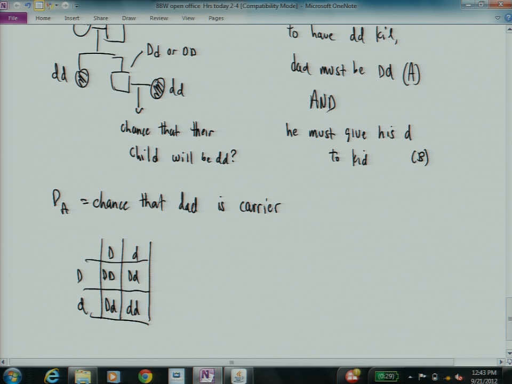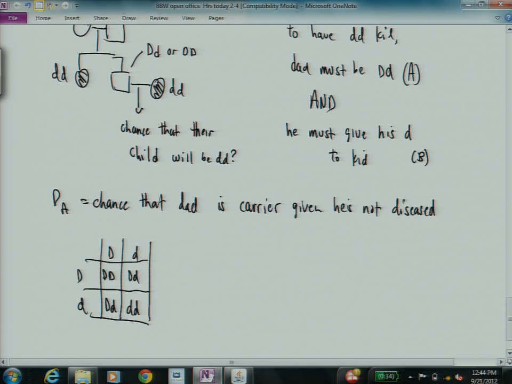Turns out it's not. Why? We know there's one of those four possibilities we can rule out. We know that dad can't be little d, little d. Why can't he be? Because up there he's not colored in. We know he's normal, right? So what that means is we want the chance dad is a carrier given he's not diseased.